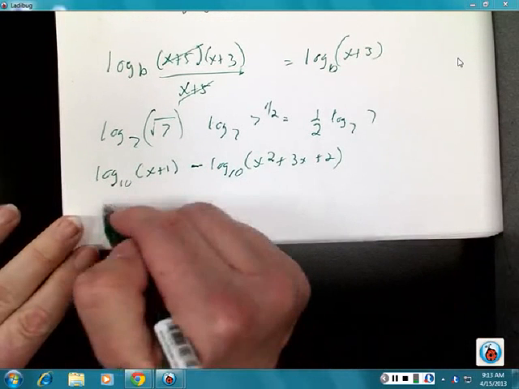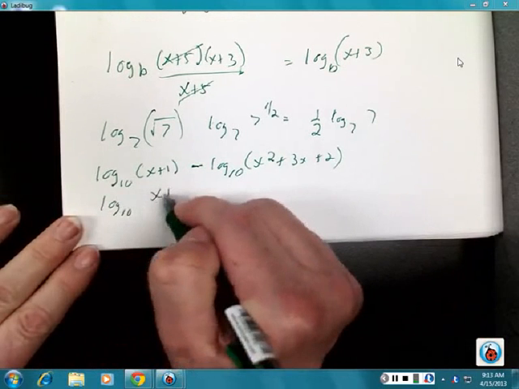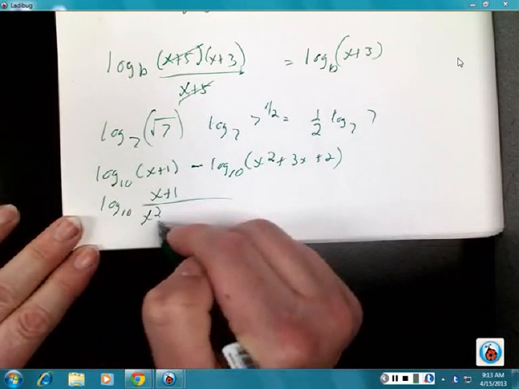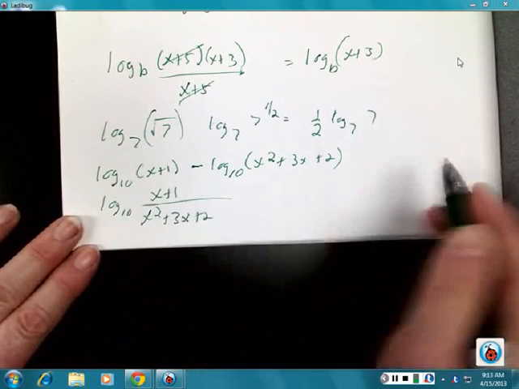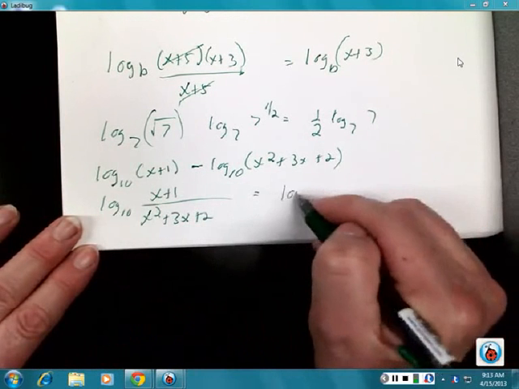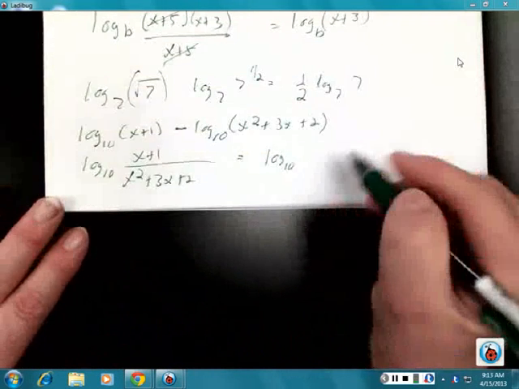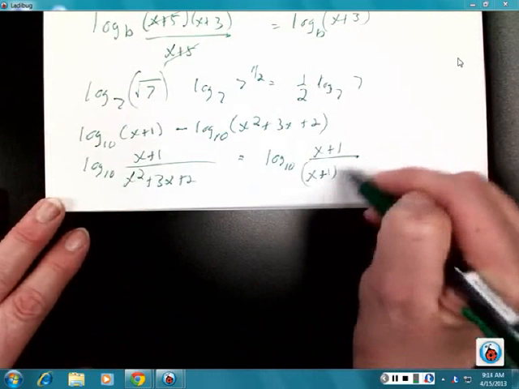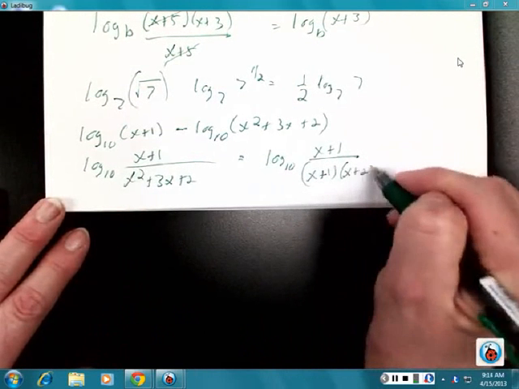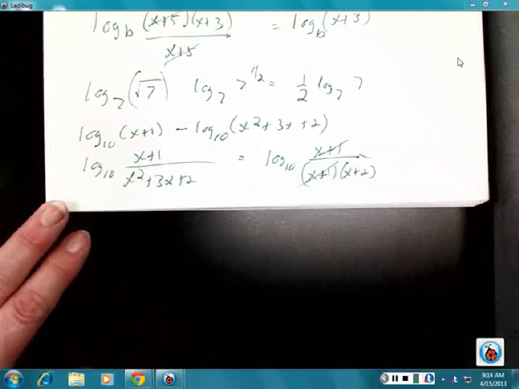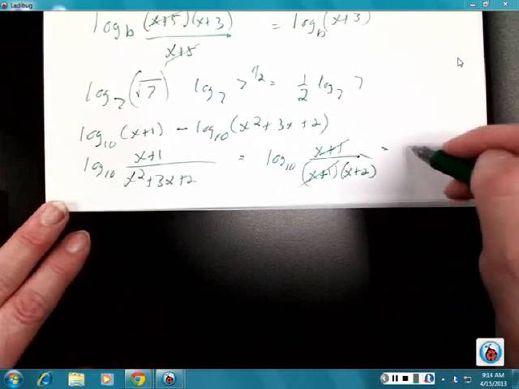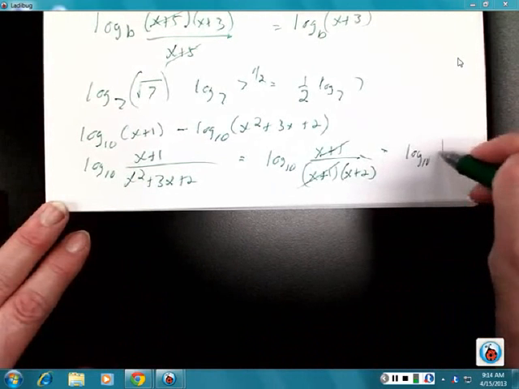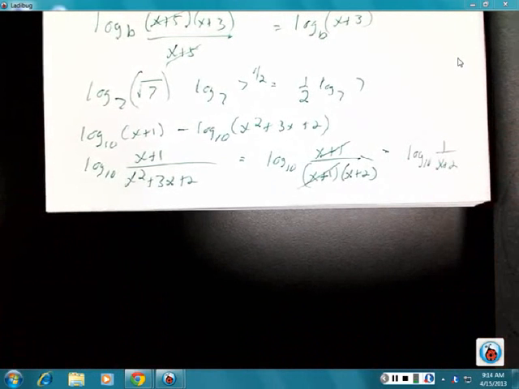Yep. So it's log 10 x plus 1 all over x squared plus 3x plus 2. But that factors to x plus 1 all over x plus 1 times x plus 2. And x plus 1's cancel. So my final answer is log 10, 1 over x plus 2. And that's what it would be if you put it in there for your answer.